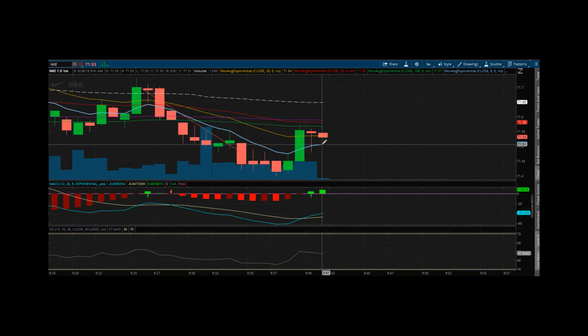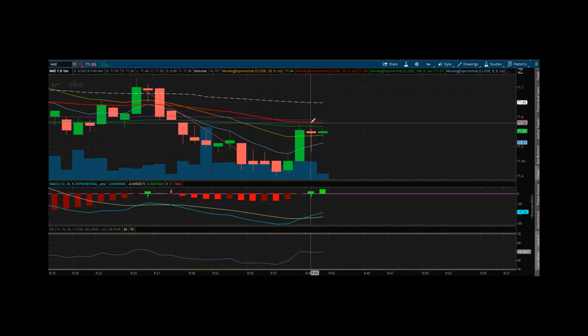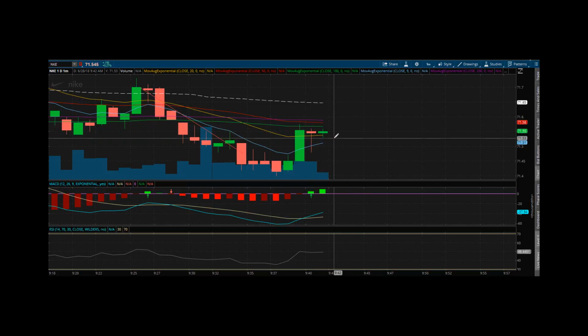Now, if this blue EMA line crosses this gold one, that will be great for us. You'll actually see a good run, and that next resistance, like I said, was kind of acting like a little resistance right there, this red line. We'll see what happens, but let's just play this out a little bit longer.